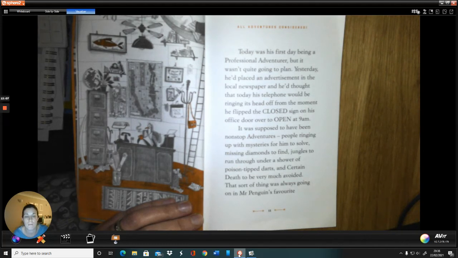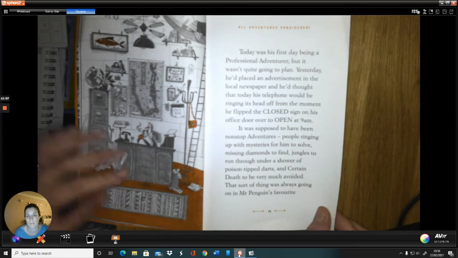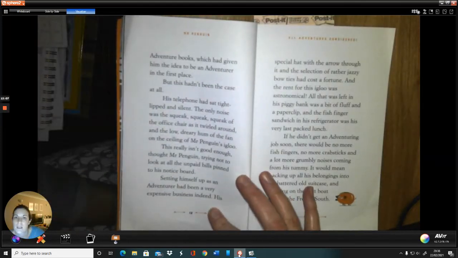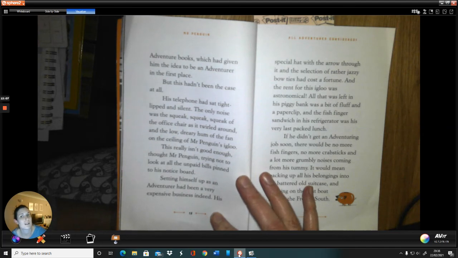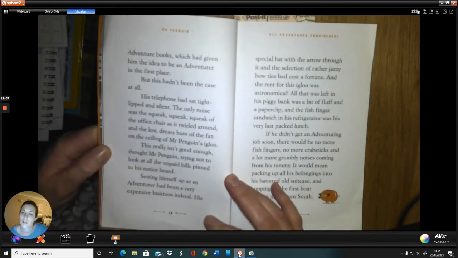People ringing up with mysteries for him to solve, missing diamonds to find, jungles to run through under a shower of poison-tipped darts, and certain death to be very much avoided. That sort of thing was always going on in Mr. Penguin's favourite adventure books, which had given him the idea to be an adventurer in the first place. But this hadn't been the case at all. His telephone had sat tight-lipped and silent.